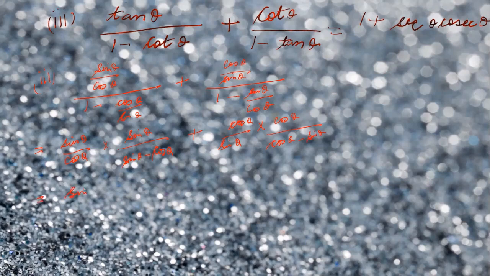So it will be sin square theta divided by cos theta (sin theta minus cos theta), plus cos square theta over sin theta (cos theta minus sin theta). Now take the LCM, so it will be cos theta sin theta and the term that is sin theta minus cos theta.